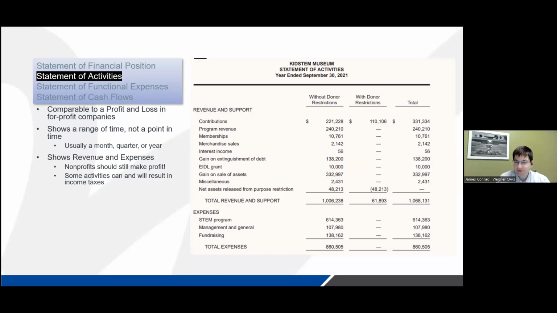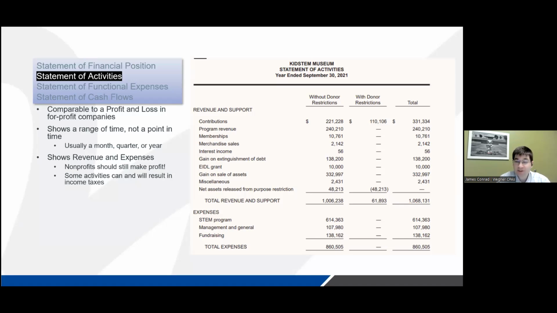As I mentioned, it shows revenue and expenses, and I'm going to always say this in pretty much every presentation that I make: nonprofits should still make a profit. It doesn't mean you're never going to make a profit. It's not for profit. You're not going to be dispersing those profits to shareholders or owners or anybody like that. Nonprofits need to have a surplus for either rainy days or expanding operations.